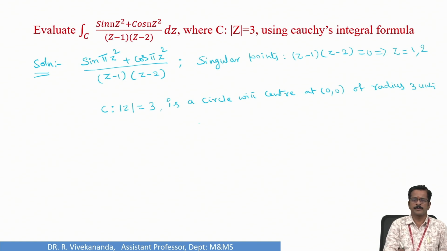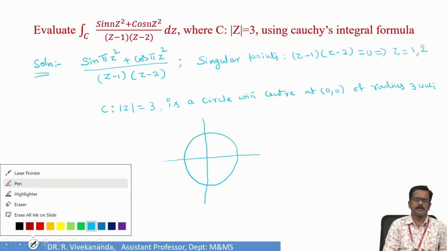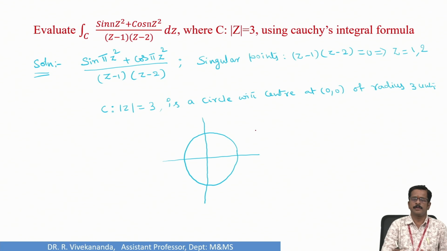Okay, you sketch the graph here. So this is a circle of radius 3 units, at center 0.